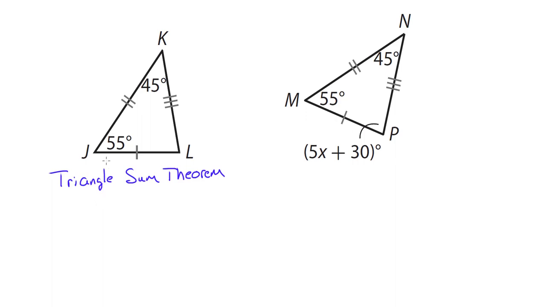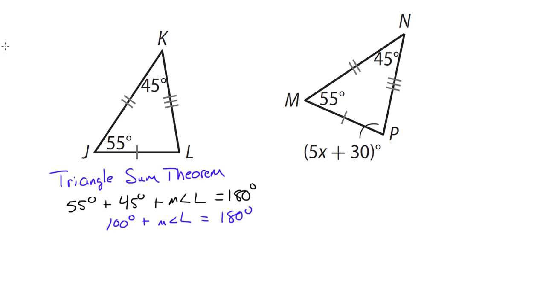So we can write the equation, the measure of angle J, 55 degrees, plus the measure of angle K, 45 degrees, plus the measure of angle L has to equal 180 degrees. 55 degrees plus 45 degrees, that's 100 degrees, plus the measure of angle L, that equals 180 degrees.